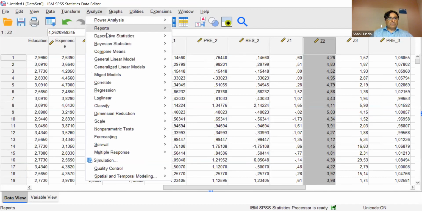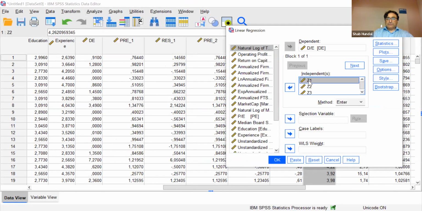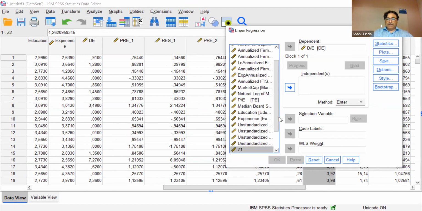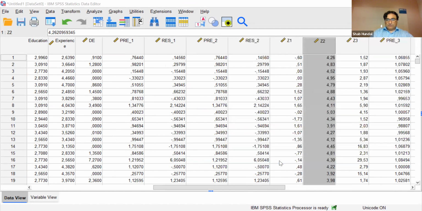So analyze, regression, linear regression, because I've changed the form of these variables. So I send the old ones back and bring them back again. So we have now Z1, Z2, Z3. And then click OK. And we find that our R square has slightly improved, 2.5%.